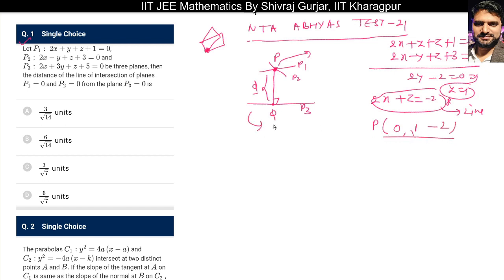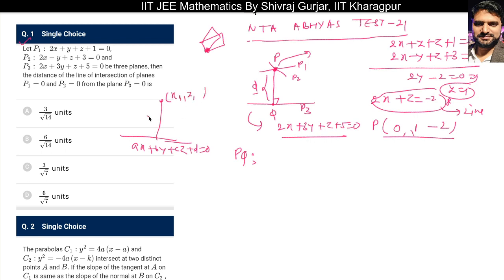And P3 is given as 2x plus 3y plus z plus 5 equals 0. We need PQ. We know that if ax plus by plus cz plus d equals 0 is the equation of a plane, and this is some point, let us say x1, y1, z1, then the perpendicular distance d is given by the modulus of ax1 plus by1 plus cz1 plus d divided by the square root of a square plus b square plus c square.